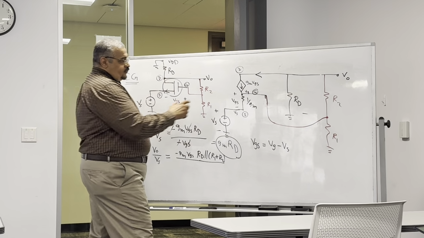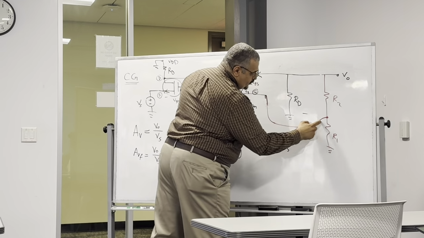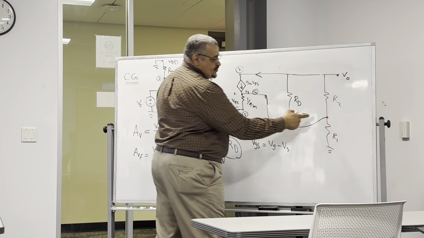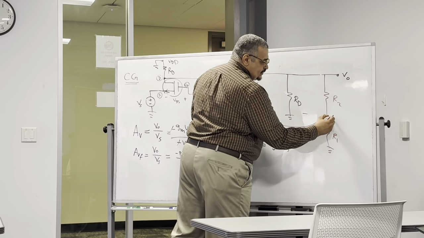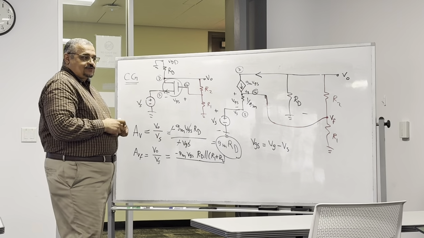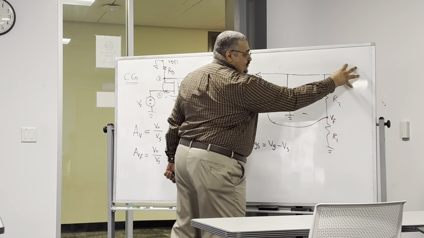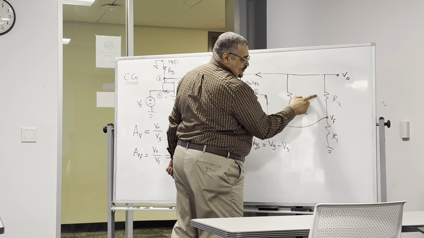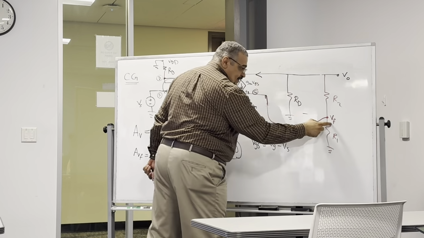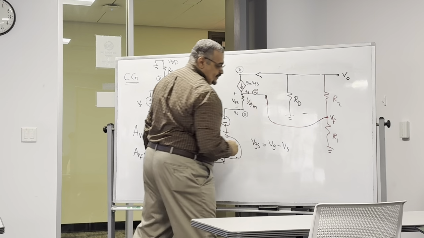No. VG is the same as this voltage here. So V out is across both. And what's the voltage here? VF. This is the feedback voltage, right? I'm taking a sample of V out by dividing V out among R1 and R2 and taking this feedback. So this voltage is called VF.